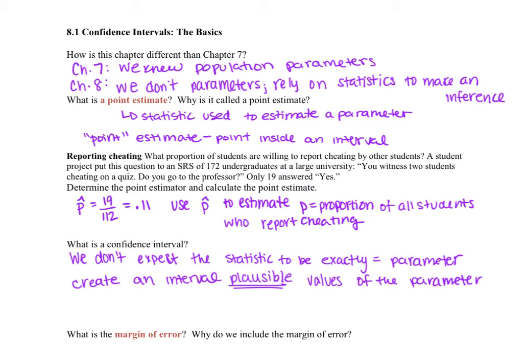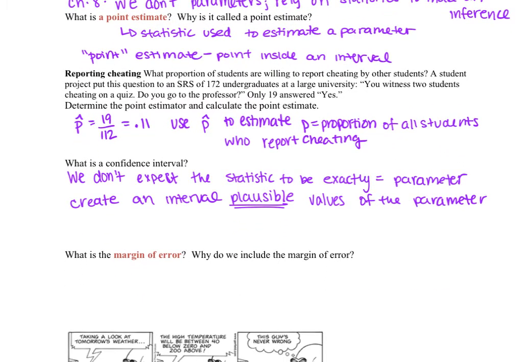All right, so we've got an interval of plausible values, and what the formula looks like is it's going to be your point estimate plus or minus the margin of error. The margin of error gives you the width of your interval.